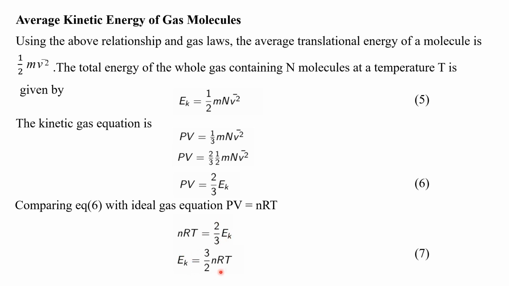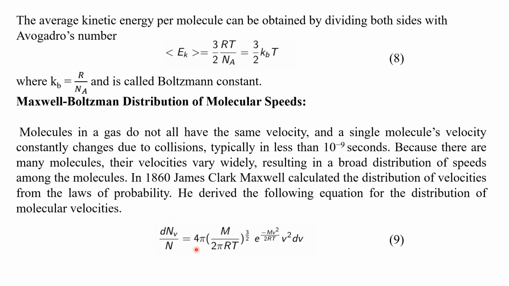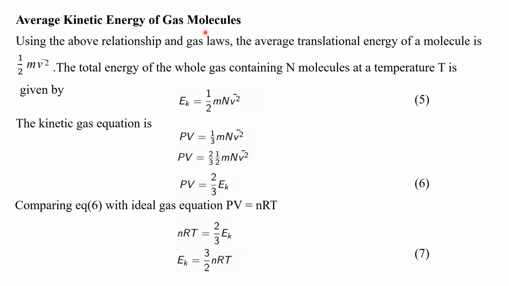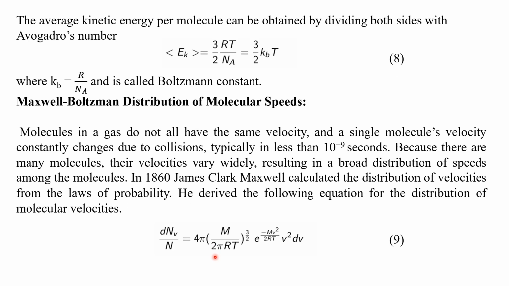So what is the value of the kinetic energy? Kinetic energy is 3 by 2 nRT. This is the average kinetic energy when we have n number of molecules. For the average kinetic energy per molecule, we divide both sides by the Avogadro number.